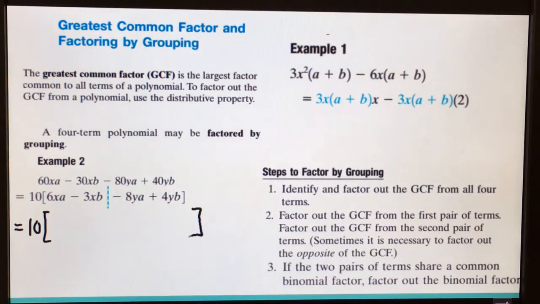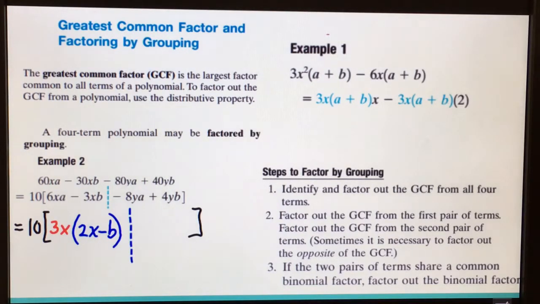Okay, let me outline that. What I can take out from 6xa minus 3xb is 3x, parentheses, I'm left with 2a minus b, and then I have the grouping right there.